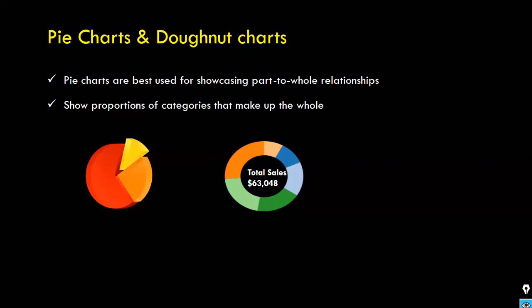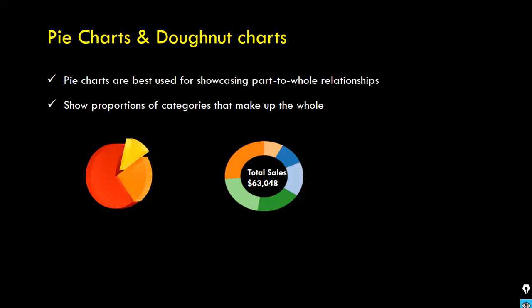The other thing you need to remember is that the sum of the Doughnut chart or pie chart values must add up to 100%. You should not go beyond 100%. Another aspect, the flip side of this, is too many categories. In this case, we have 3 categories, and let's say we have 3, 4, 5, 6 categories. If you have 20 or 30 categories, it is difficult to read and interpret. It will be cluttered.